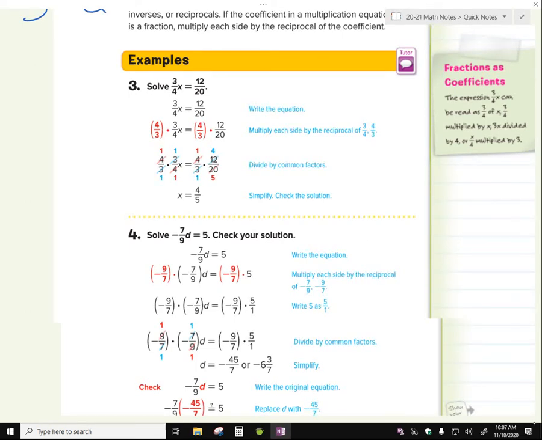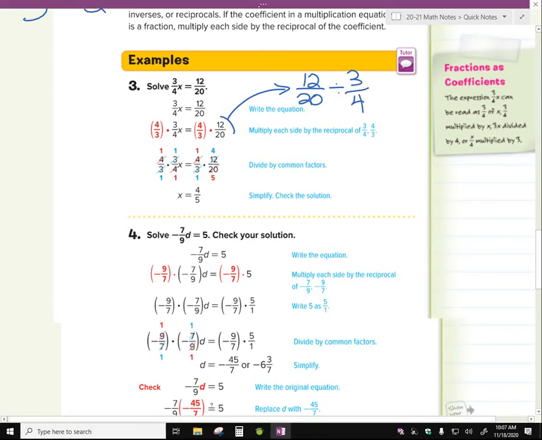Okay. So when you're multiplying by the reciprocal, this is what you've learned in the past. I'm going to put this over here. You do not have to write this. So if I'm multiplying by the reciprocal, it's going to be the same thing as 12/20 divided by 3/4.